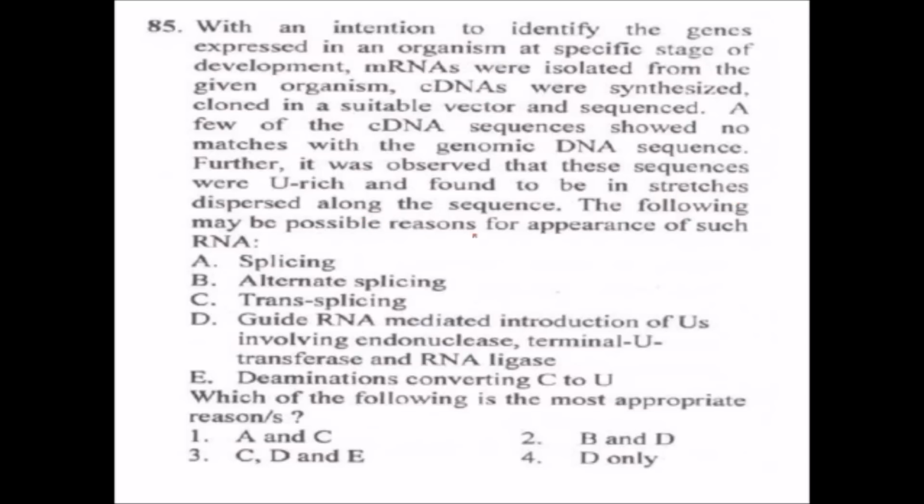The following may be the possible reasons for the appearance of such RNA. Actually, this particularly takes place in trypanosomes by the process of RNA editing, where guide RNA introduces U's involving endonuclease, terminal U transferase and RNA ligase. Then deamination will convert C to U. Look how it happens. Actually, for this the answer will be C, D and E.